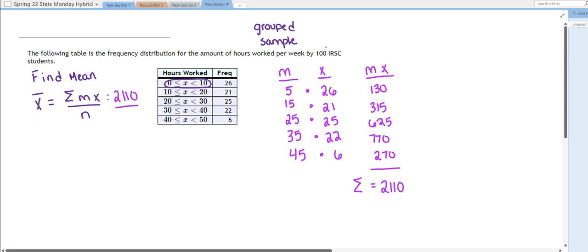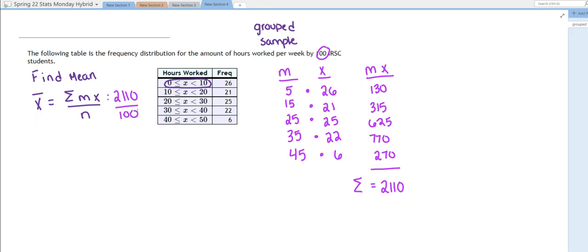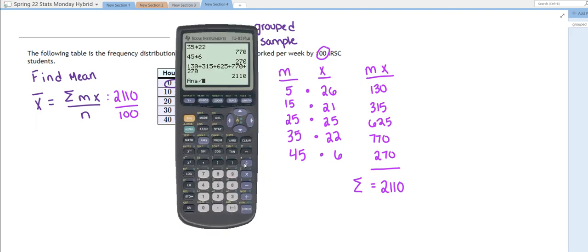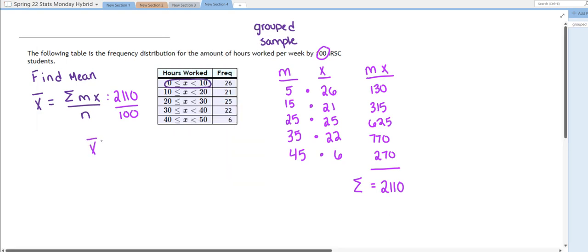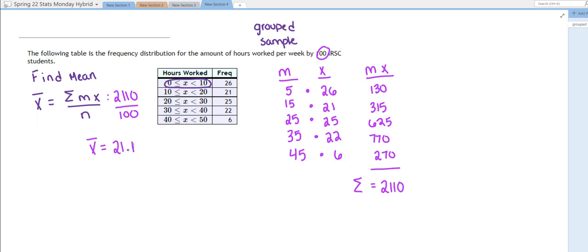And then our sample size, 100 IRSC students. So 2,110 divided by 100 gives us 21.1. Now you can do this in your calculator when we do standard deviation and variance. I will go over that, but for right now, I'm going to leave it just like that.